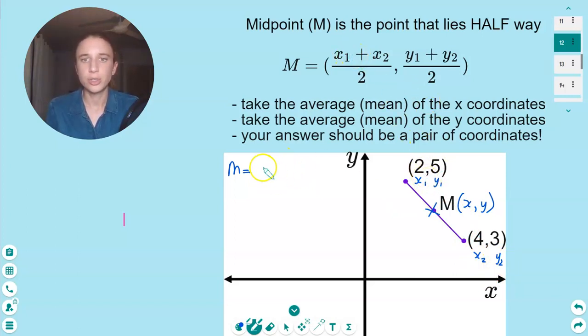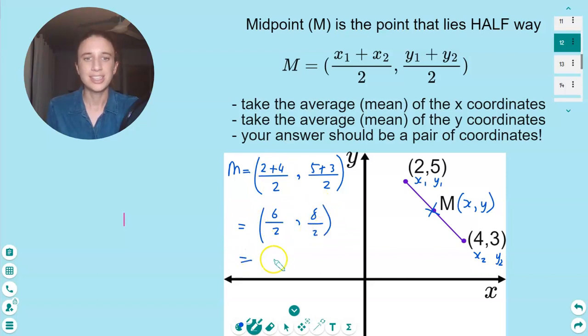So we're going to do 2 plus 4 over 2. And then the average y coordinate, 5 plus 3 over 2. Just showing you what it looks like. So 4 plus 2 is 6 over 2. 5 plus 3 is 8 over 2. 6 over 2 is 3, 8 over 2 is 4.